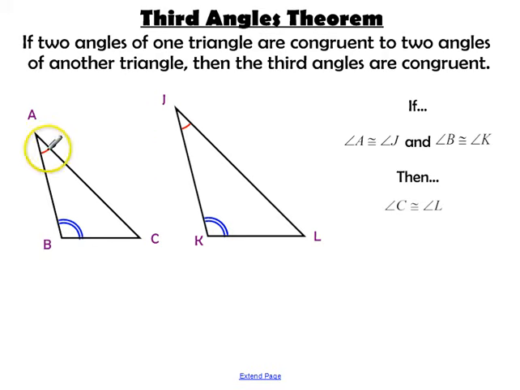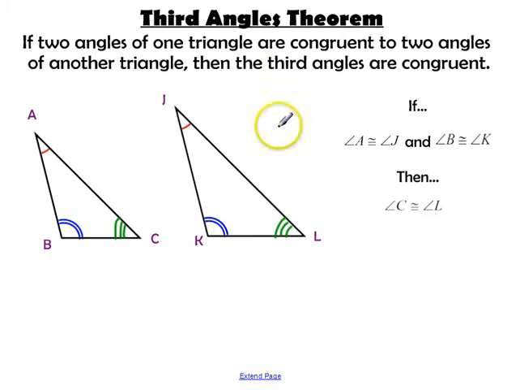And we have that angle A is congruent to angle J, and angle B is congruent to angle K. So even though we don't know the measurement of angle C and we don't know the measurement of angle L, we know that those are automatically congruent to each other, and we can mark them with 3 each. And the reason why is because you know that the angles of a triangle have to add up to 180.